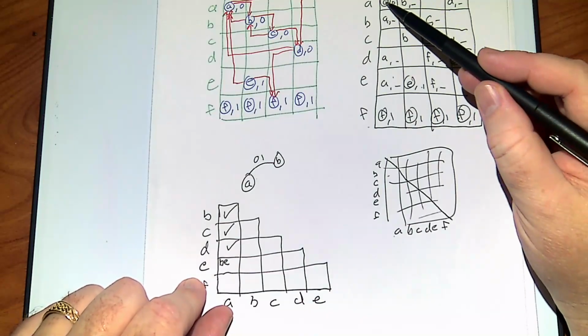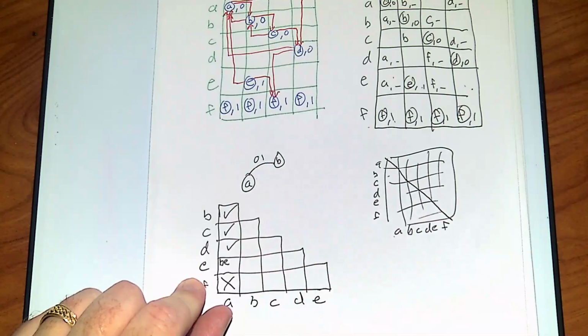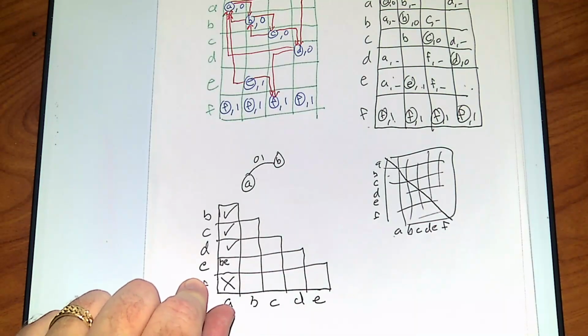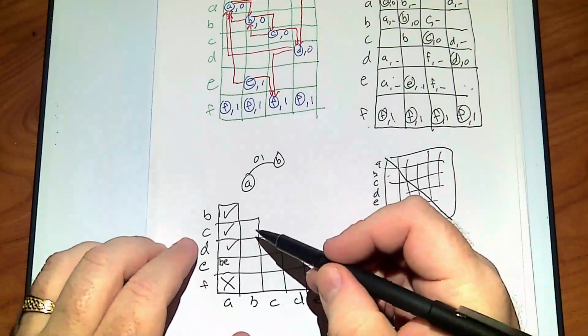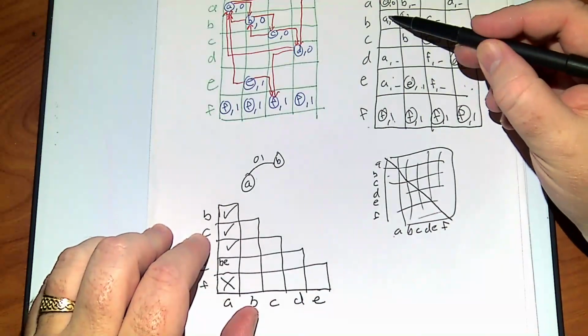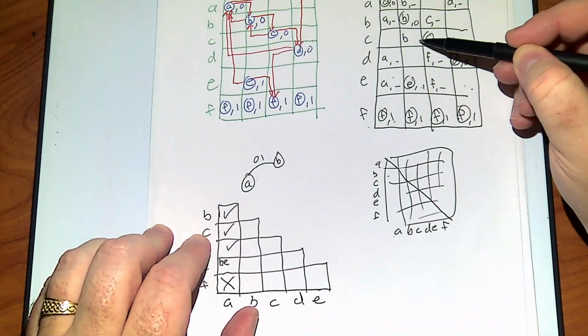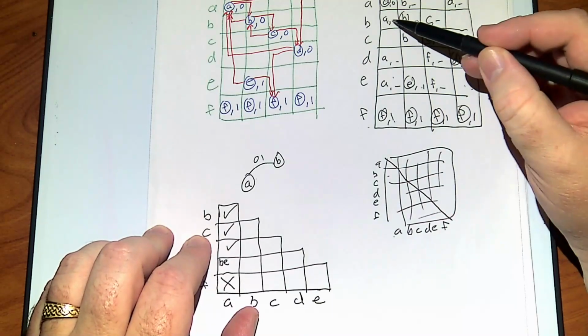A to F, right? Well, I've got 0 to 1. That is strictly not possible. I have to check it. Because in the very first square, one of them wants to output a 0, the other one wants to output a 1. Good? All right, then I go to the next one. I want to compare B and C, right? Well, no requirement, 0, 0, all fine on the outputs.